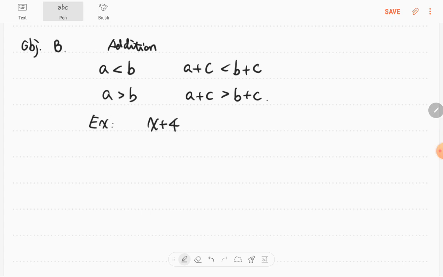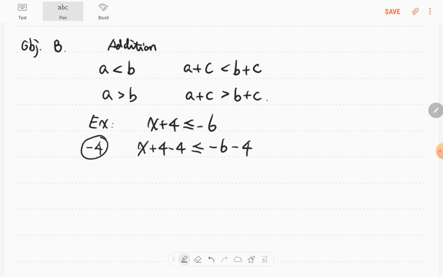If we have this inequality, we want to solve it, we still need to isolate the x. How can we do it? We should set x on one side, and for this part, we should subtract 4 from both sides, right? So -4, we can treat it like plus the -4.